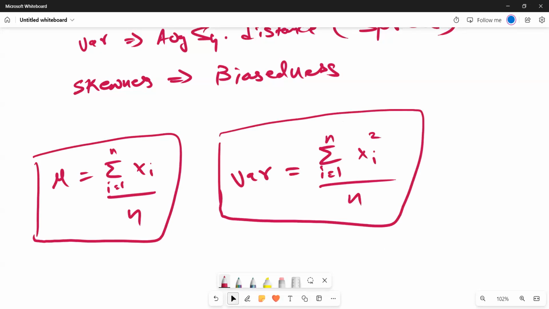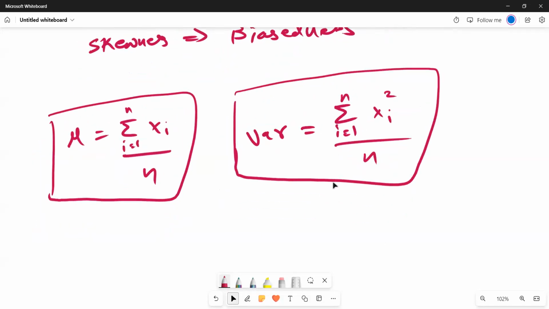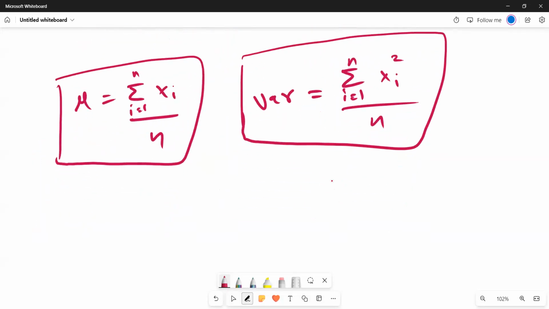In the similar way, we can calculate the skewness of the data set by simply taking the sum of cube values, which is xi whole cube divided by n.